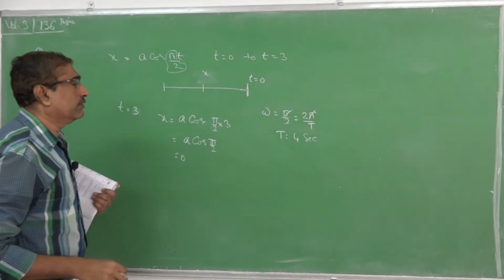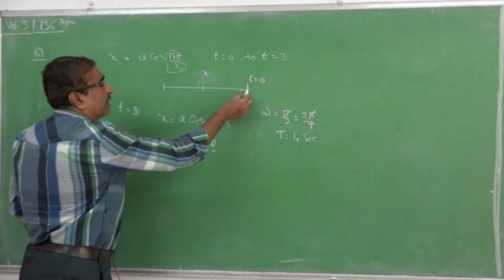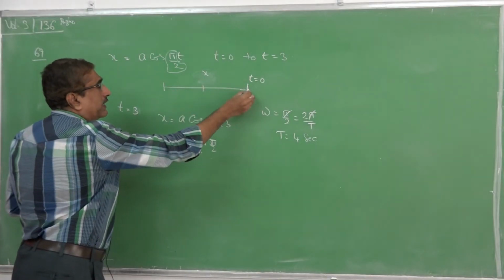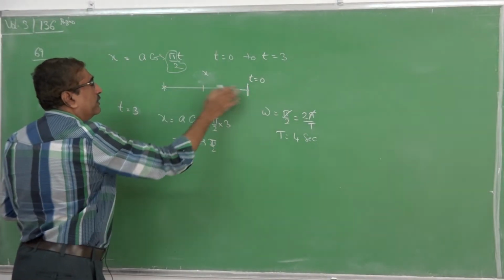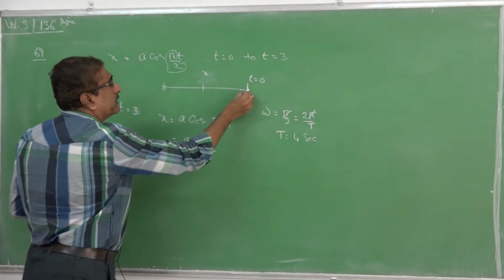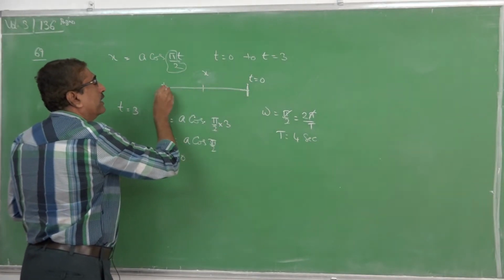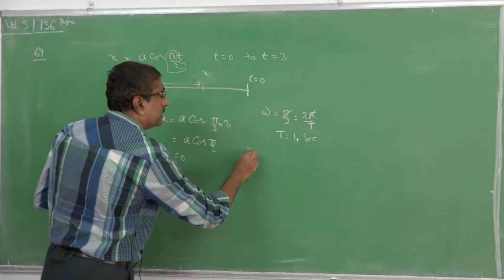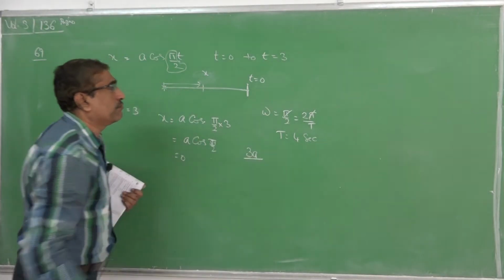To complete half of that takes 2 seconds from here to here, and the next 1 second is from here. So the total distance covered by it is 2a plus a, that is 3a.